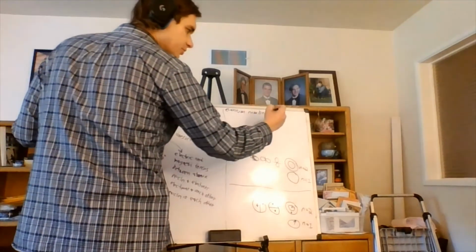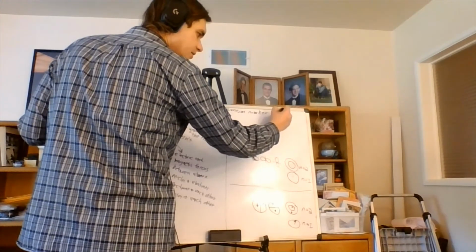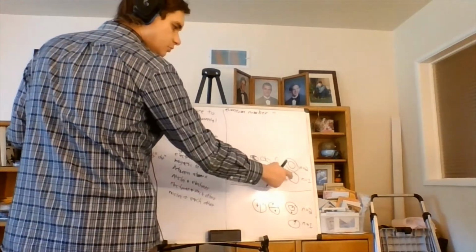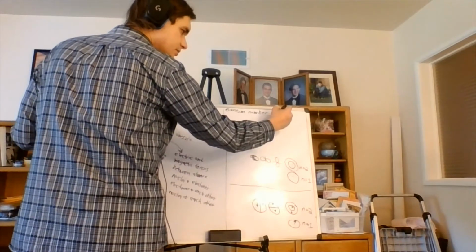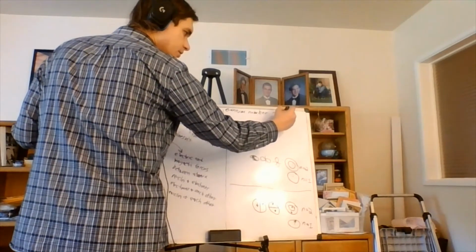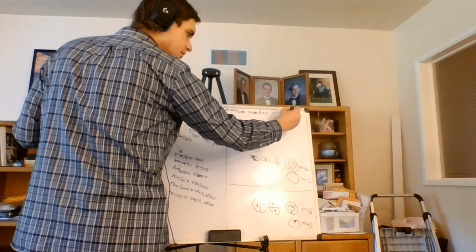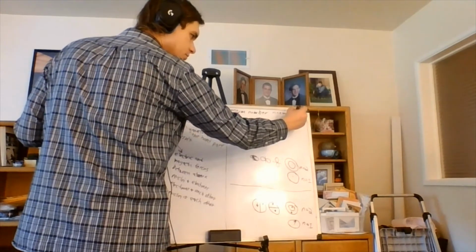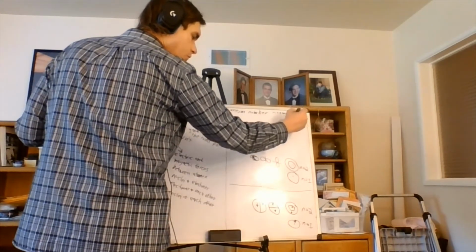So the quantum numbers include n, which tells us the electron shell.